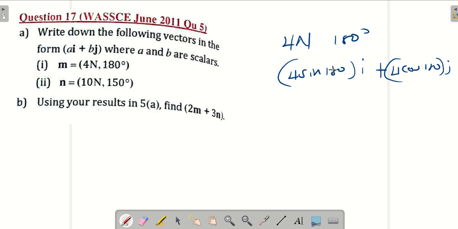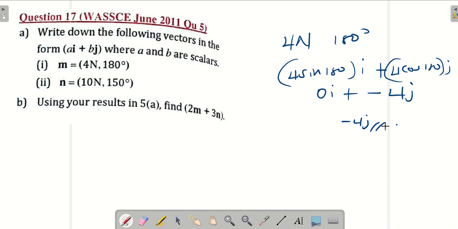Now 4 sine 180 is what? 0 I. Plus 4 cos 180 is what? Negative 4J. So the final answer is negative 4J. Are we okay? Did you get it?